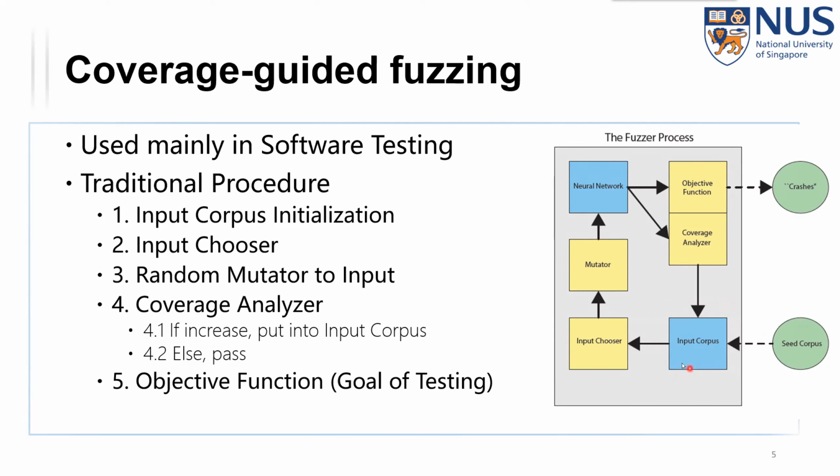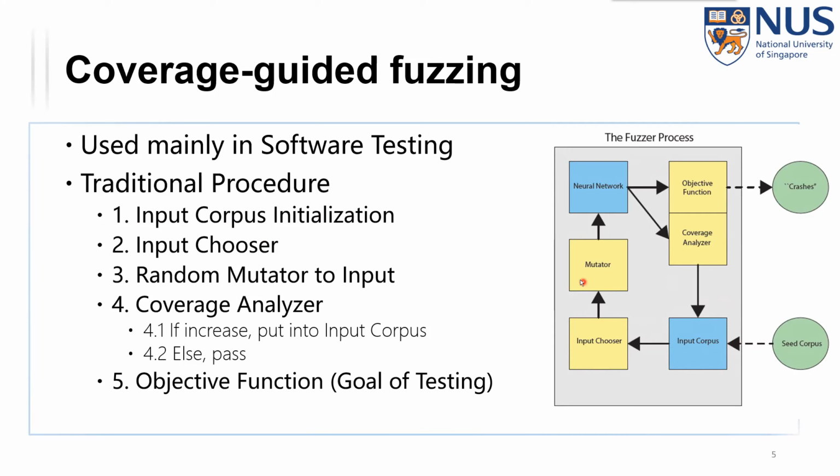So the first step is input corpus initialization. It will have a corpus to feed into the test software, to see which inputs give a good result or will crash the software. Then it will have an input chooser to choose several inputs from the input corpus.